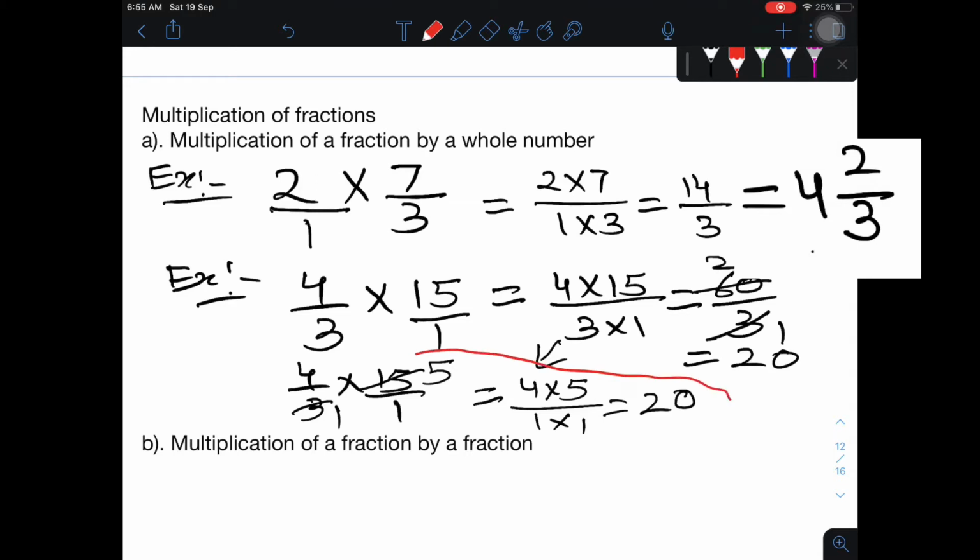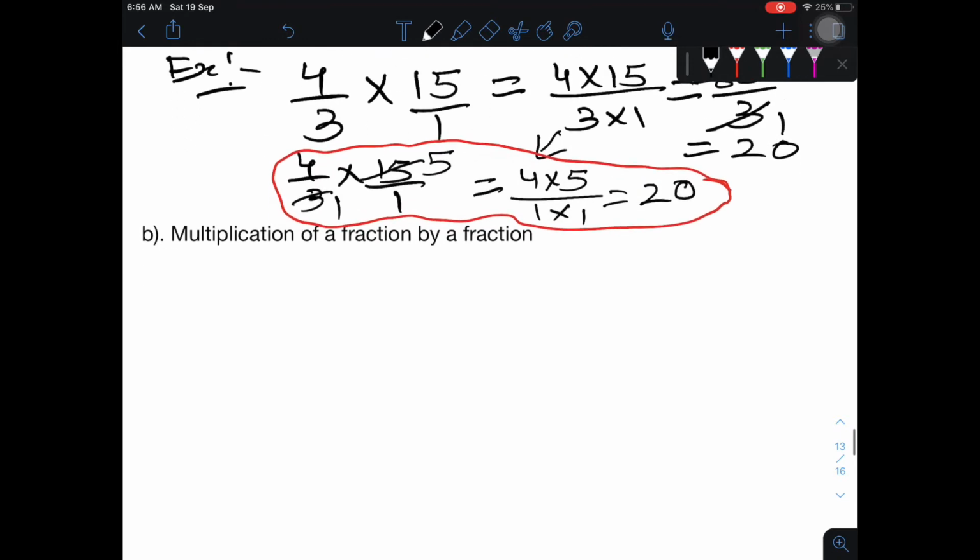So if you are simplifying your problem in an earlier stage, it will be easy to perform your calculation. So it is my suggestion, do the calculation in an earlier stage.